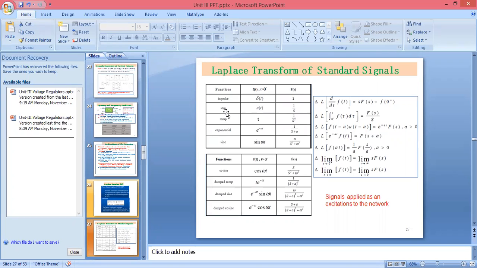So I have given here some functions which we are taking in the time domain. And when we are converting this time domain value into the frequency domain by using the Laplace transform, you will get this value. So we are supposed to see how we will get this value.